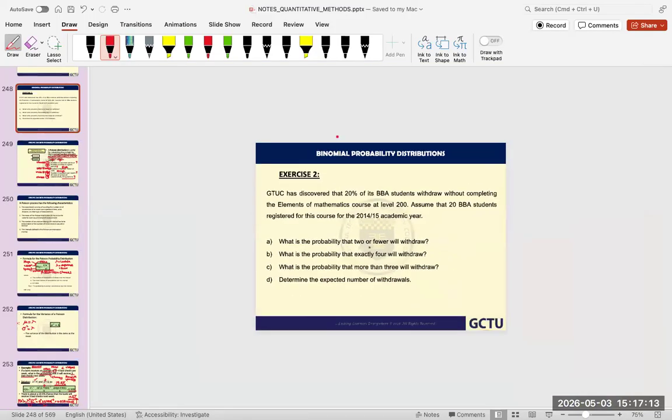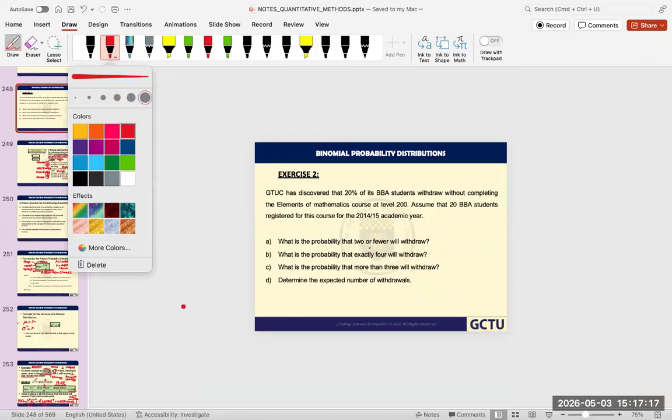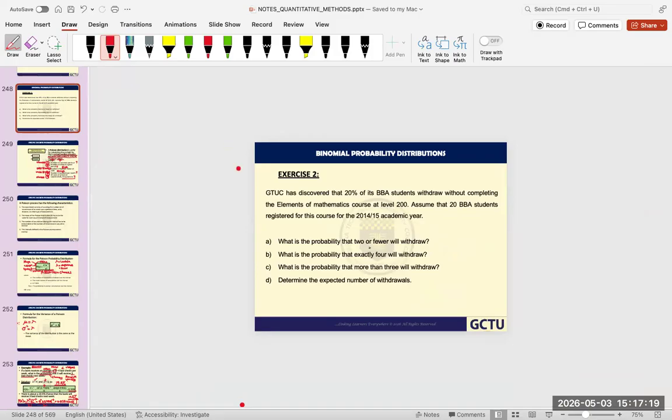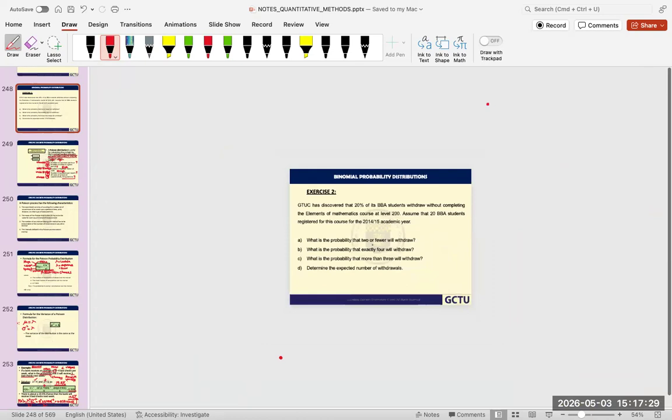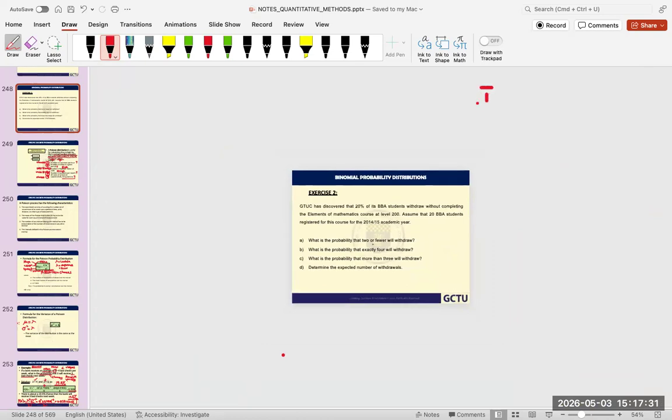What actually we do in quantitative methods in terms of solving problems is that you need to follow 3 steps. The first step is called identify.